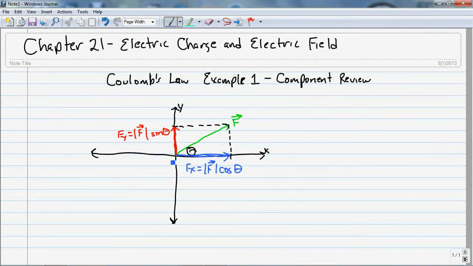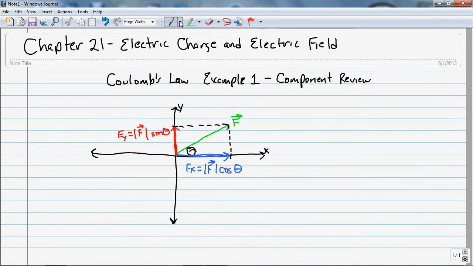Now, if I want to get back to my vector definition, then I really need to know magnitude and direction. I need to know the magnitude or length of this vector and the angle that it would make with the x-axis.